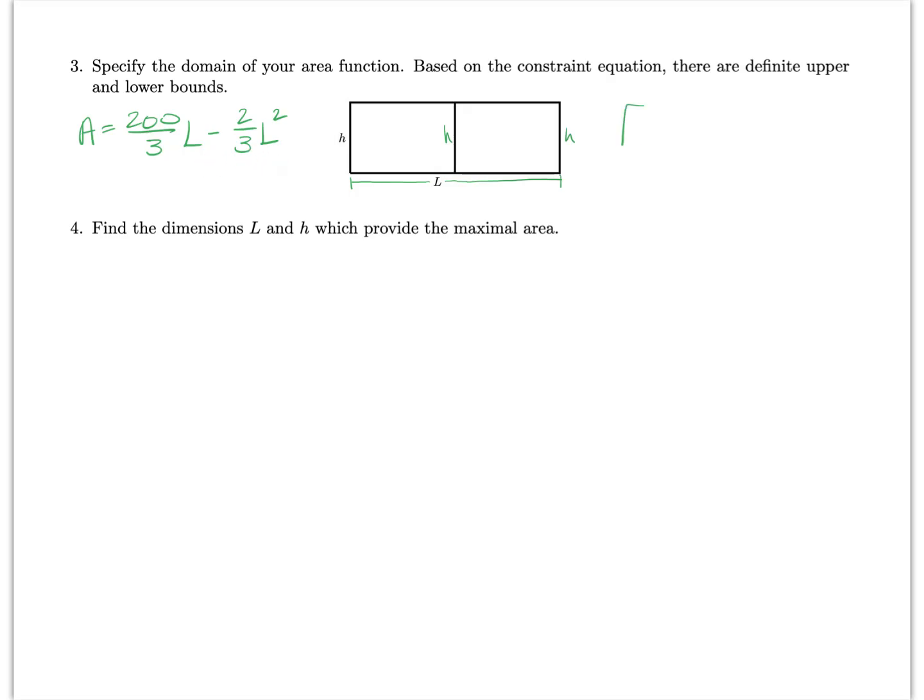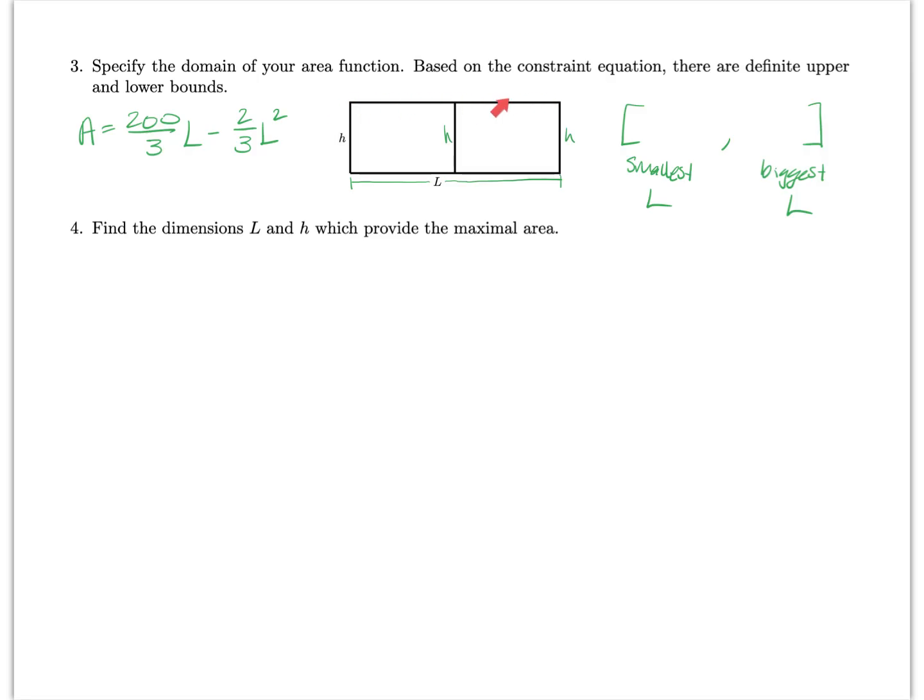Okay, so I'm going to go from the smallest L to the biggest possible L. So if H was 0, if we didn't come out at all, then I would have 200 feet of fencing with which to build 2 L's right on top of each other with no space between them.